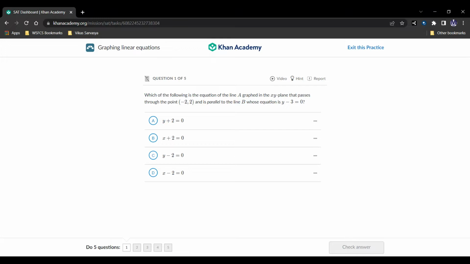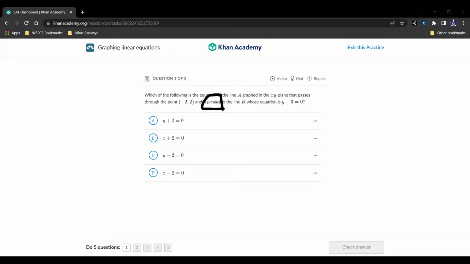Question number 1. Which of the following is the equation of the line A graphed in the xy plane that passes through the point -2, 2, and it's parallel to the line B, whose equation is y minus 3 equals 0? Well, we're told that these lines are parallel. What does that mean? Well, parallel means they have the same slope.